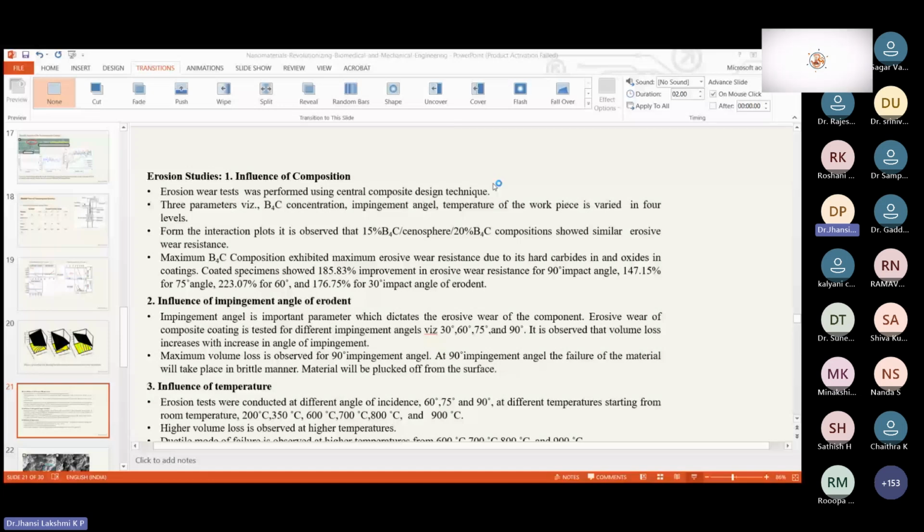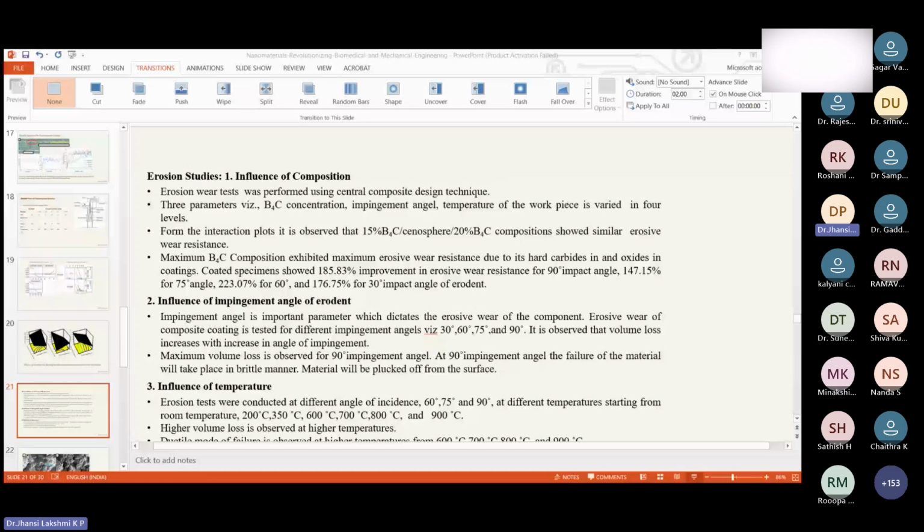Here, I am showing only the 90 degrees impingement angle, where the eroded region is divided into 3 zones where the abrasive particles enter and leave. Where the abrasive particles enter, the failure takes place in a smearing action, which is very less. In 90 degrees impingement angle, definitely the material will be hit straight.